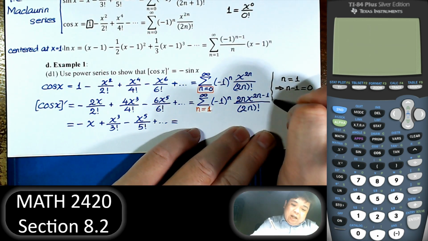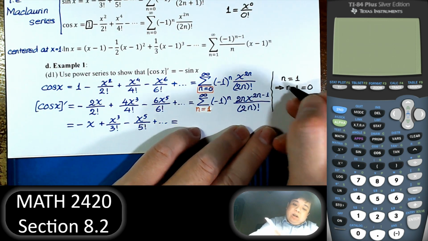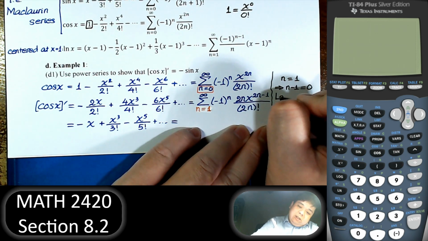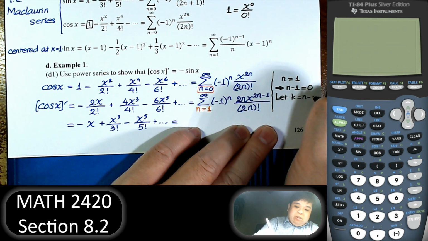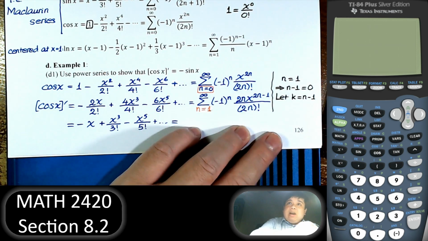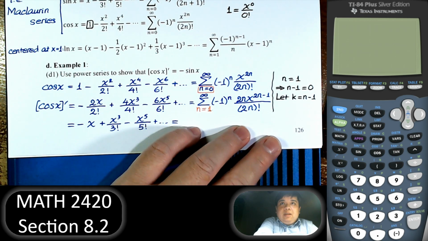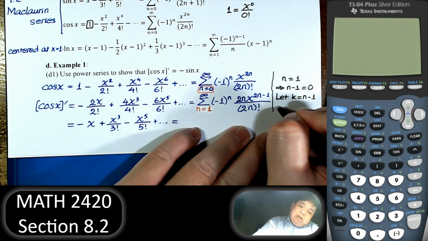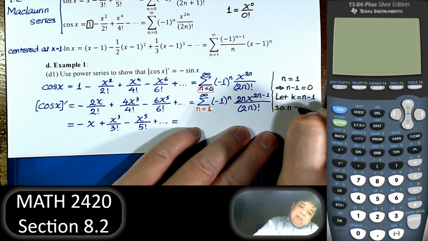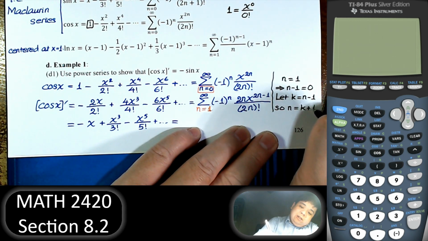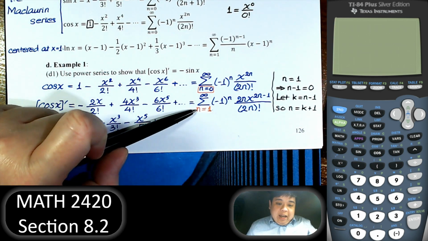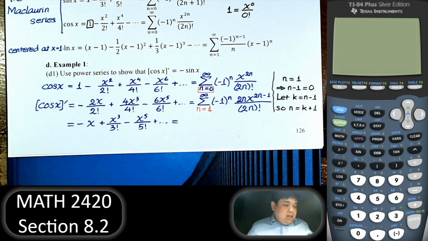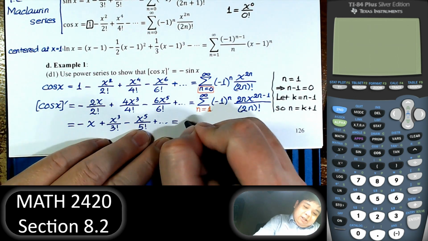In that case, we will let k equal to n minus 1, so it will be equal to 0 for the first value. And because of that, n is equal to k plus 1. Right. Now, if we change n equal to k plus 1 into this series, what do we have?